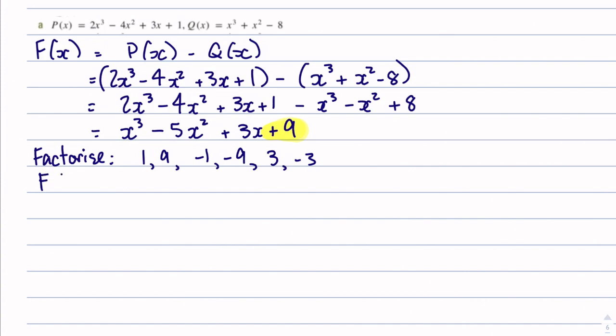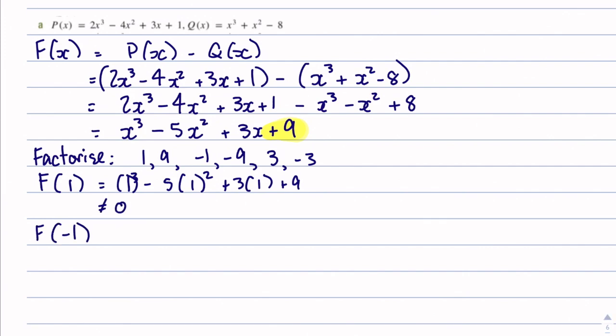So f of 1 equals, well, we've got 1 cubed take 5 times 1 squared plus 3 times 1 plus 9. 1 take 5 plus 3 plus 9, not 0. What about negative 1?